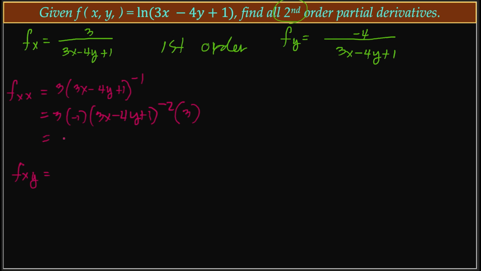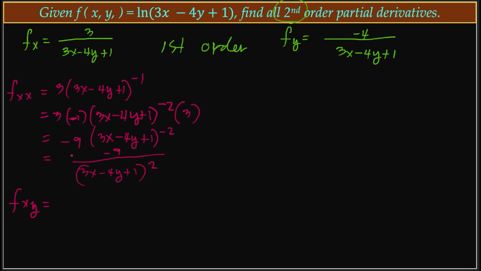So finally, f sub x is equal to negative 9. Okay, we have here a negative from the negative 1. That will become negative 9 times 3x minus 4y plus 1 raised to negative 2.